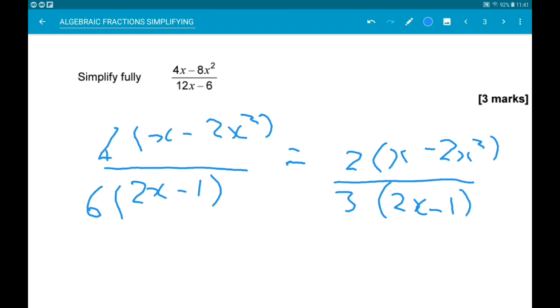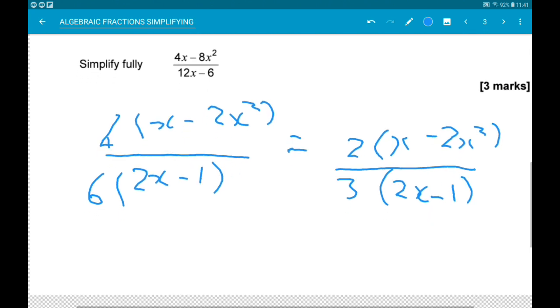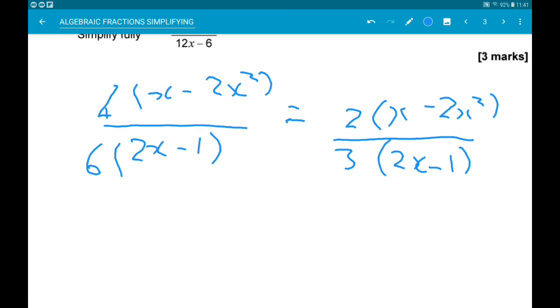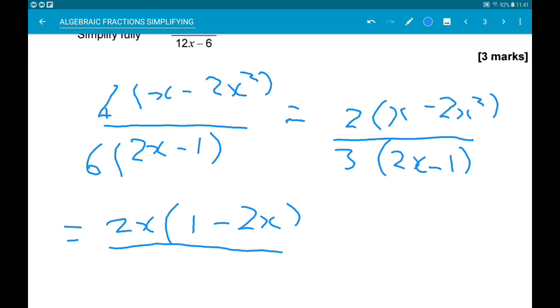Okay, now the top inside the bracket still has a common factor of x, so we're also going to bring out a factor of x out the front. So we're going to have 2x times 1 minus 2x all over 3 lots of 2x minus 1.